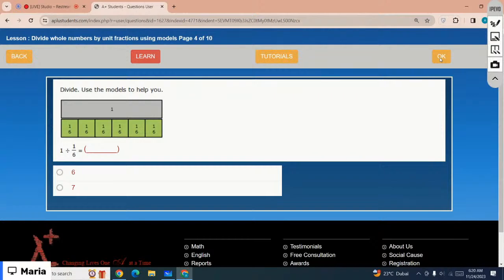Divide, use the model to help you. 1 divided by 1 sixth, which is the correct option?